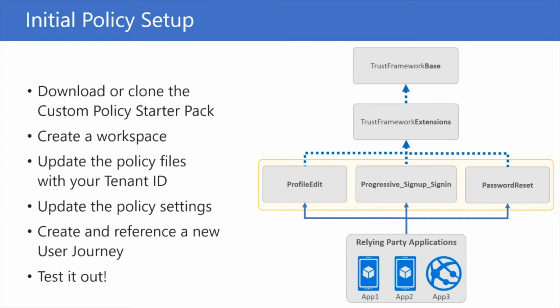And then we'll create the relying party element for our policy and the user journey that relying party is going to reference. At this point, it's probably a good idea to deploy and test your policy to make sure that all this configuration that we've done is working properly. One of the keys to effectively developing custom policies is to move in small increments and to test your progress pretty often.